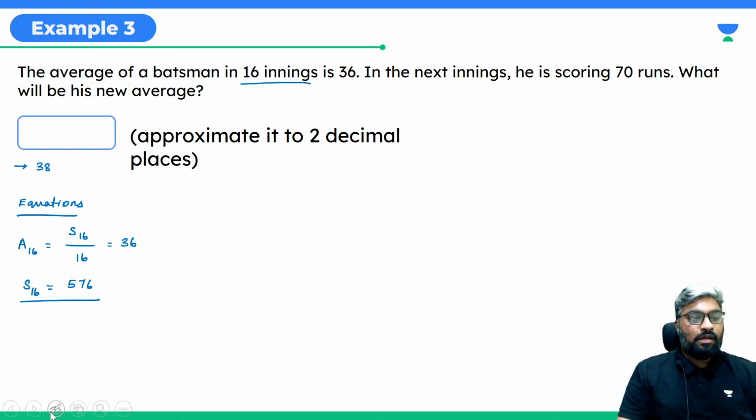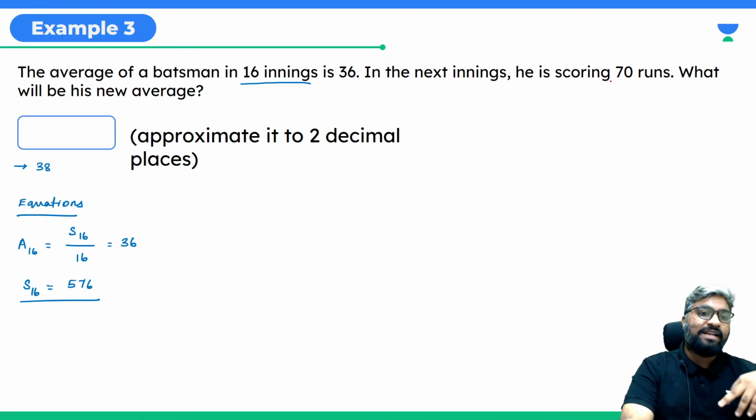Yes. Now what are they saying? They're asking for the new average if he is scoring 70 runs in the next innings, 17th innings. So sum of 17 innings is nothing but sum of 16 innings plus 70, correct? Because he is scoring 70 runs in the next innings.